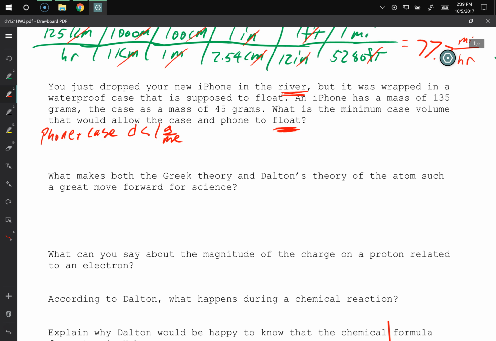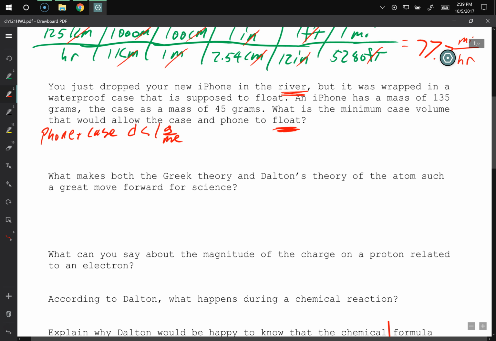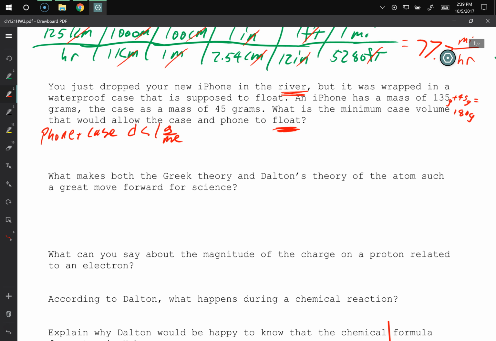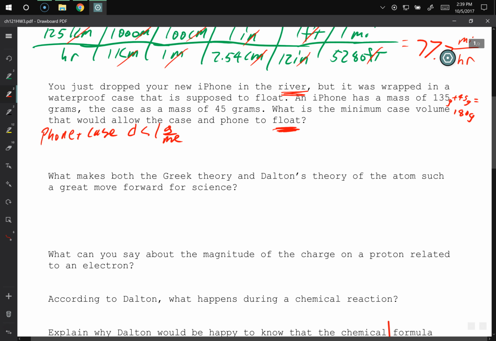So what I know is the phone has a mass of 135 and the case has a mass of 45. So that means the combination of the phone and the case have a mass of 180 grams. So I'm looking for a number with units of grams per milliliter.